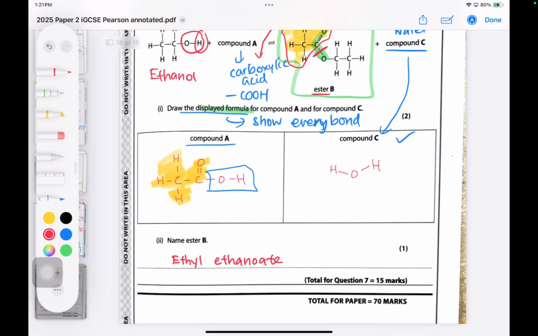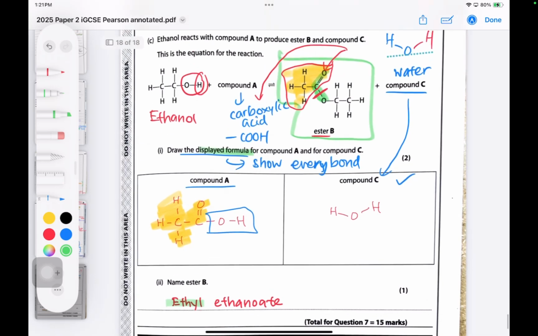And finally, to name this compound, you need to know what we are starting with. The name is ethyl ethanoate, and how do we get that? It starts off with ethanol, and how do I know it's ethanol? Because there's two C's, right? And if you look at our compound A, it also has two C's. So we start off with ethanoic acid.